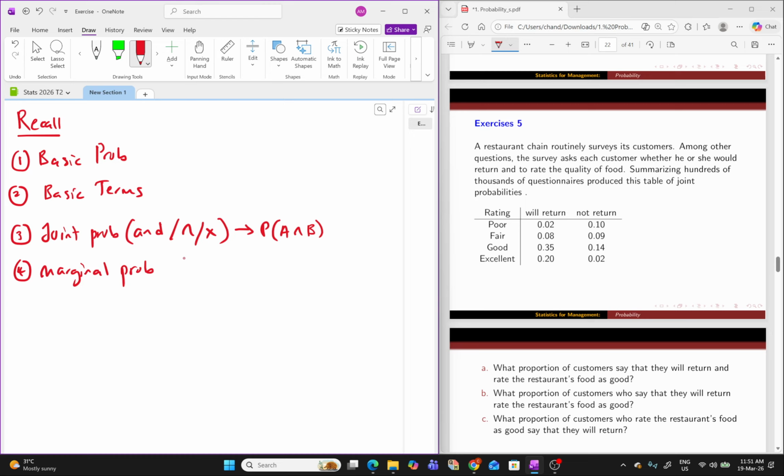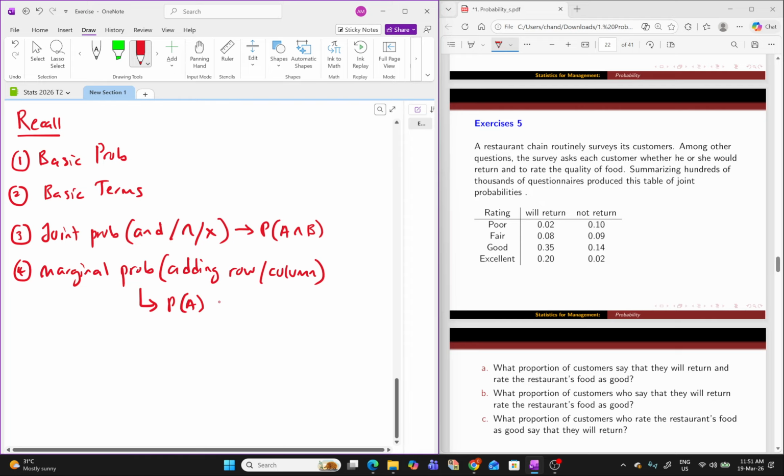Marginal probability we get by adding the row or column. The notation is P(A) or P(B).